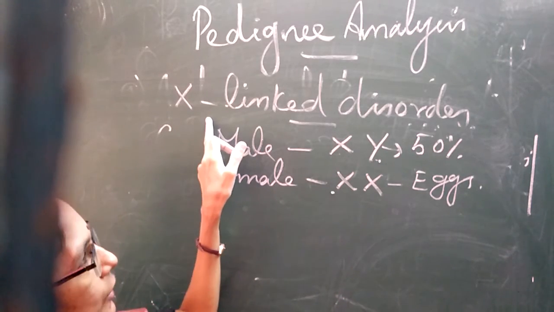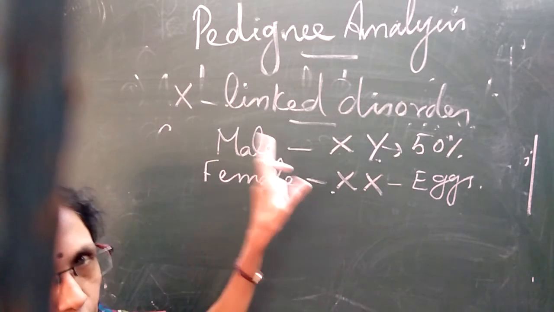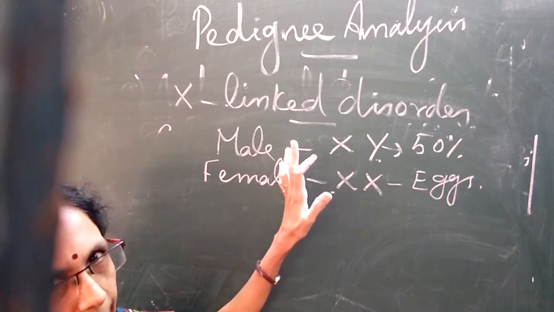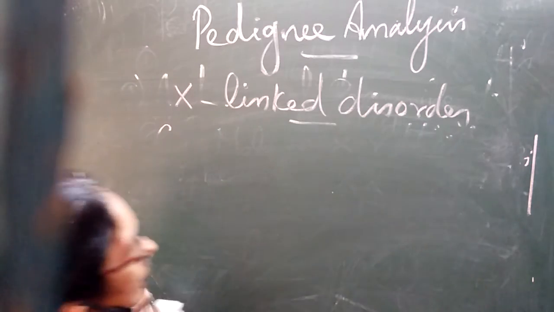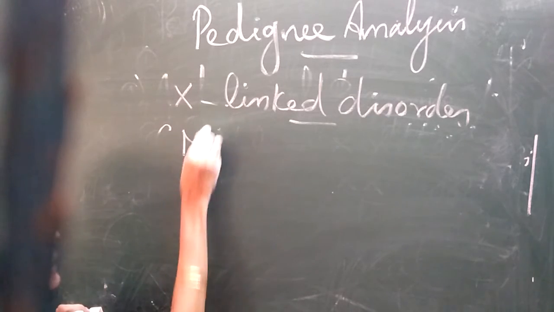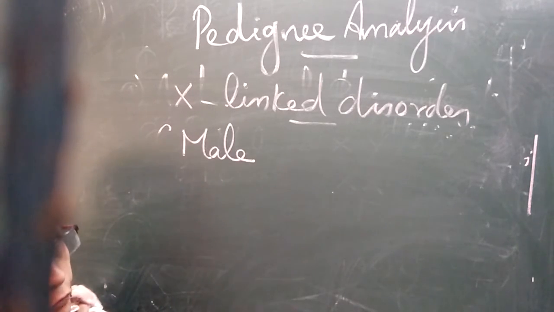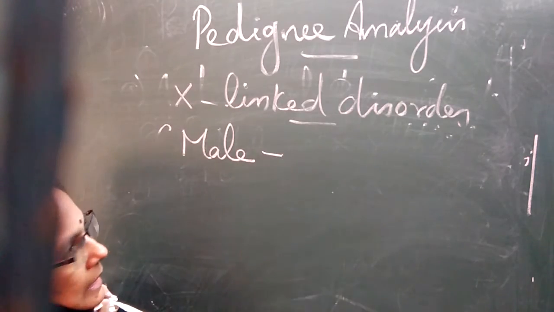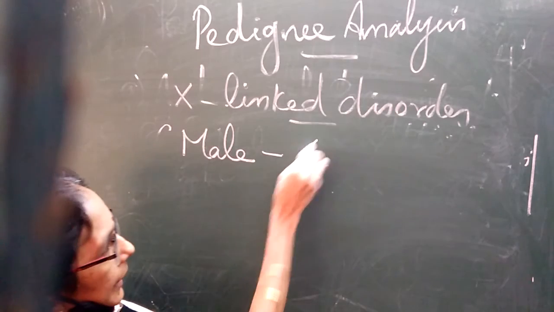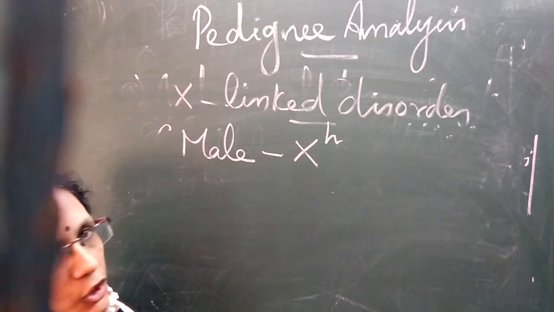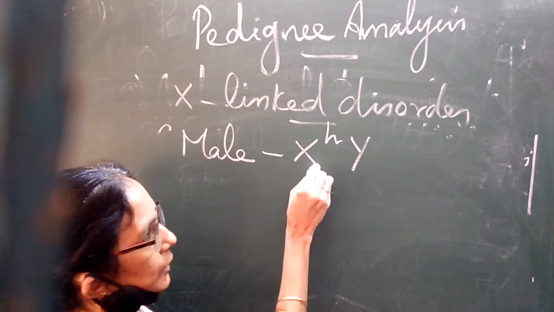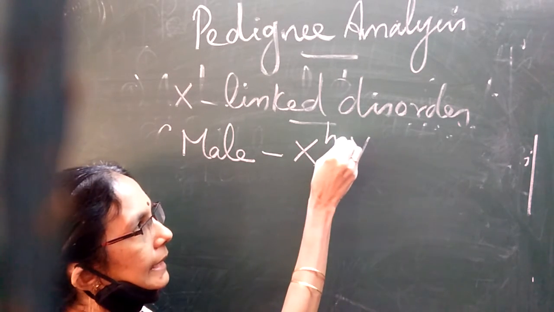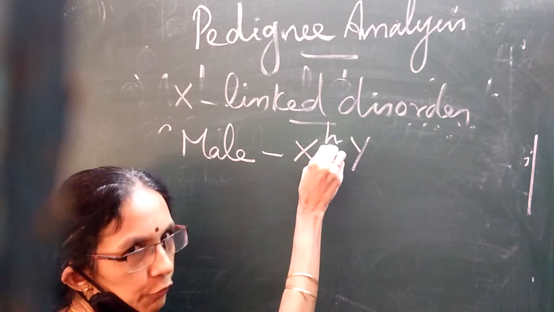Sex-linked recessive disorder is more common among male in comparison to female. The reason is, for example, let us take hemophilia. It is a sex-linked recessive disorder. It is carried by which allele? Recessive allele. So, one X chromosome carries the allele for hemophilia.